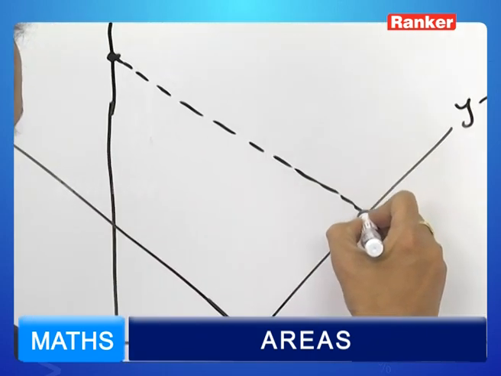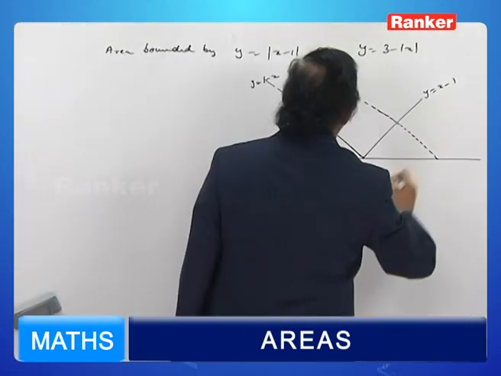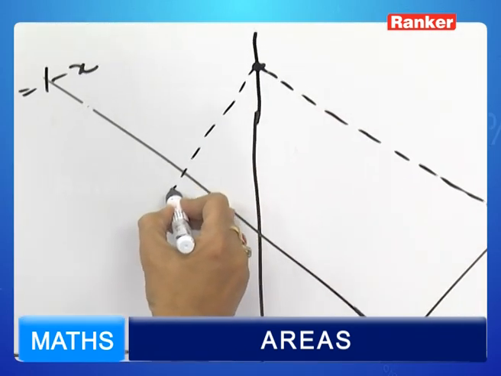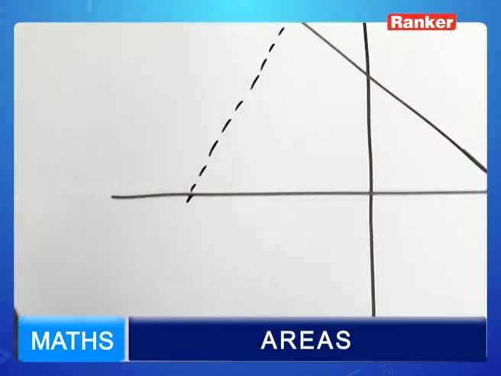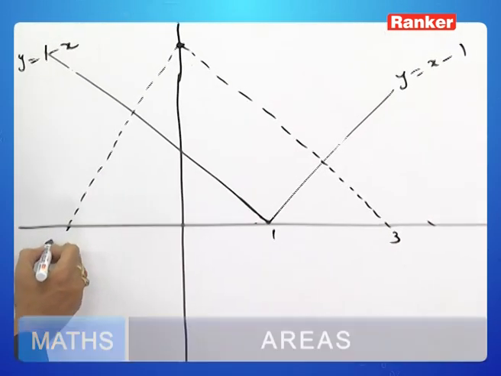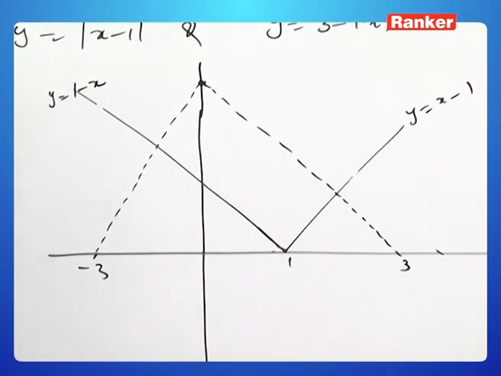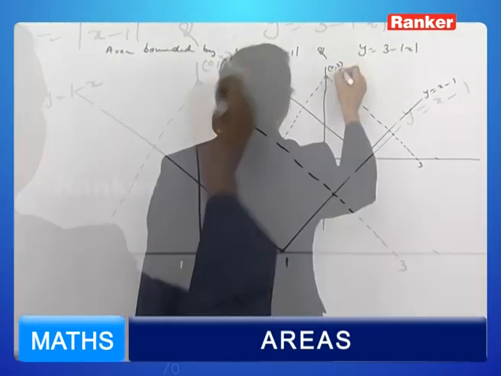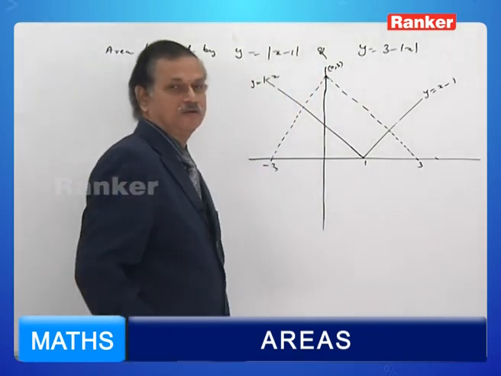One line is this, another line is this. This is 1, this is 3, this is minus 3, and this is 0, 3.